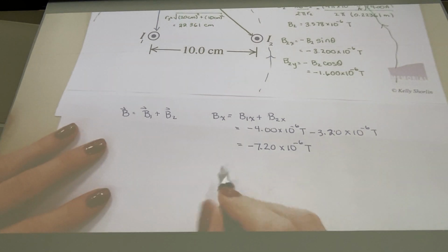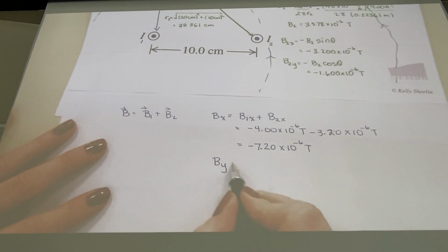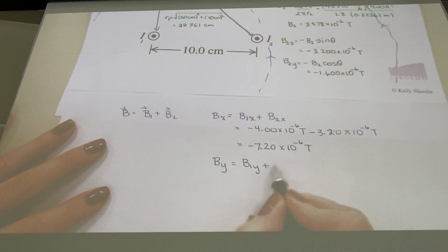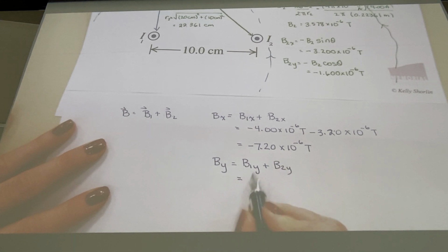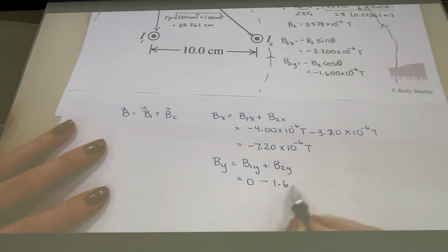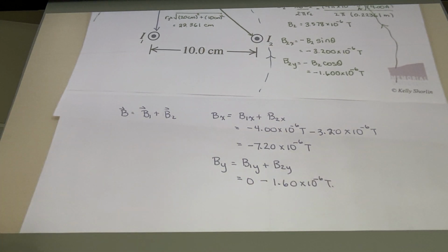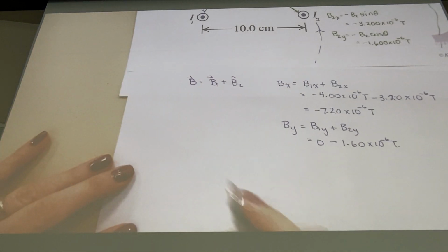For the y component, I'll add the two y's together. By is B1y plus B2y. B1y was 0. B2y was minus 1.6 times 10 to the minus 6 teslas. So now I've got my x and y components of my net magnetic field, so I can write my answer as a vector.